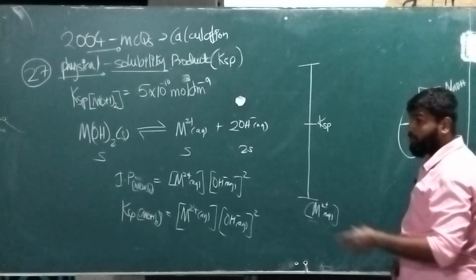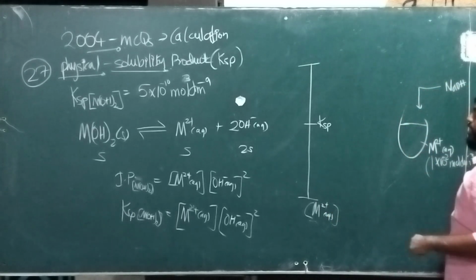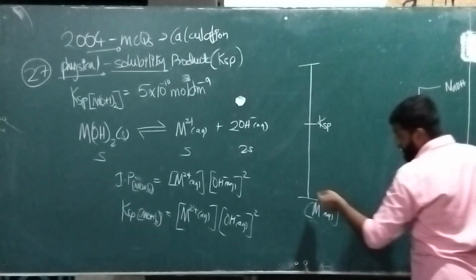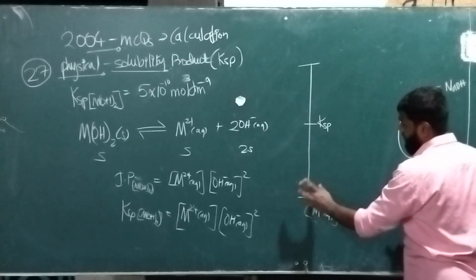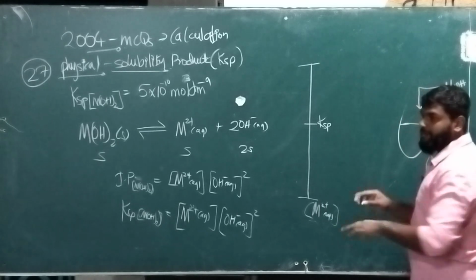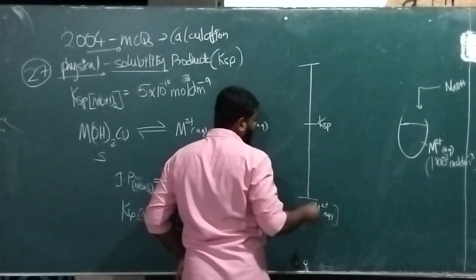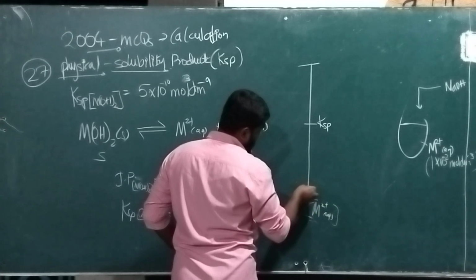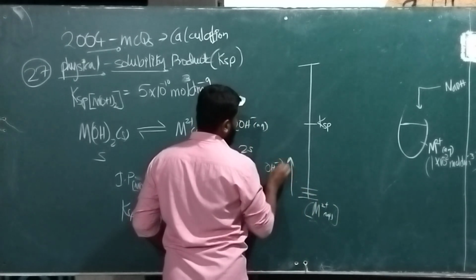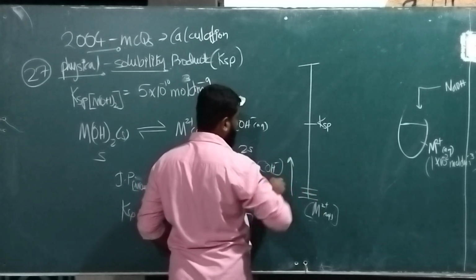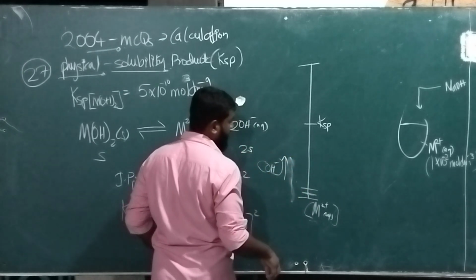No. Once I start adding the base, it won't form any precipitate until I keep adding it. In this way, the OH minus concentration will increase, right? I'm increasing the concentration of OH minus.